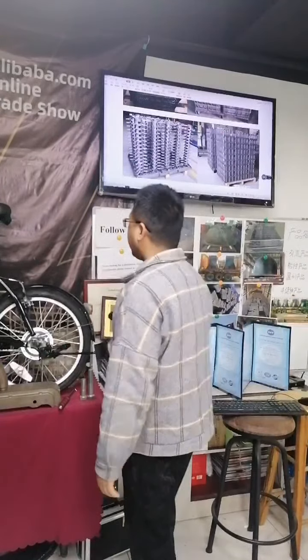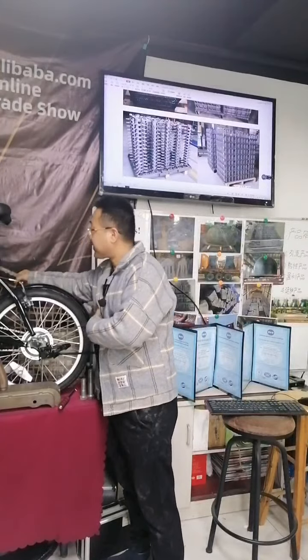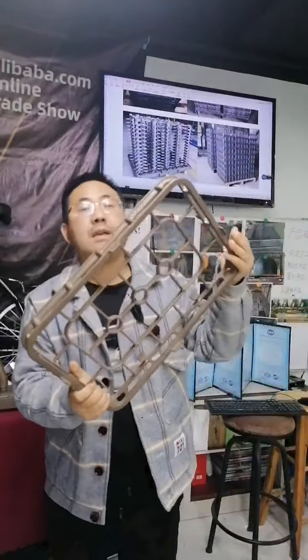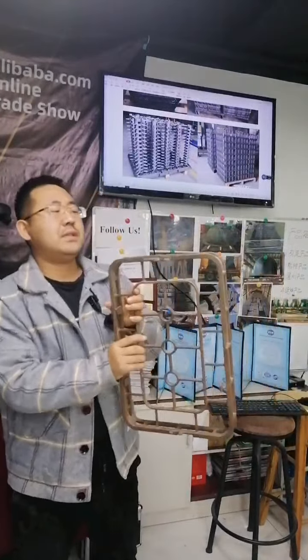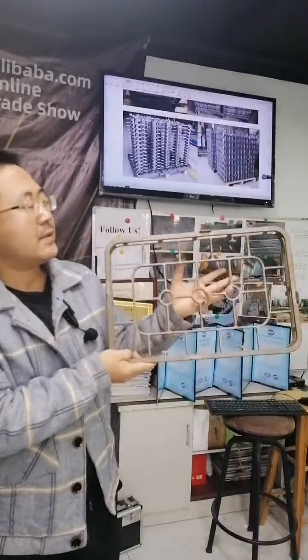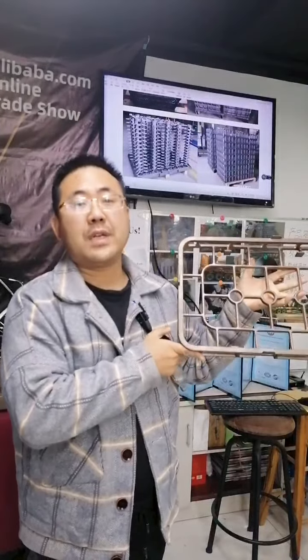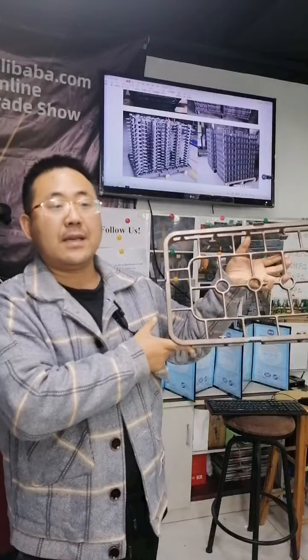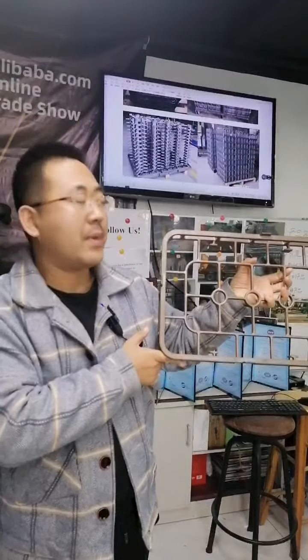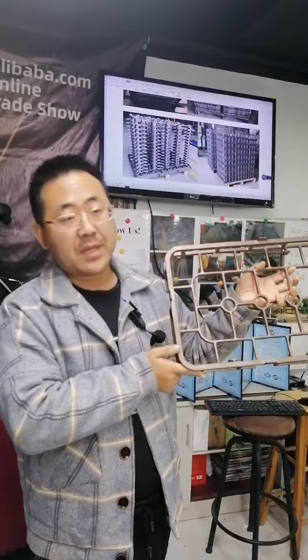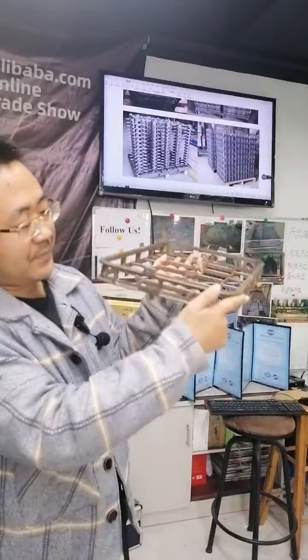And our small part, like this. This is very easy and very small. The long side is about 500 millimeters, the wide side is only 300 millimeters, and the high side is about 15 millimeters, like this.